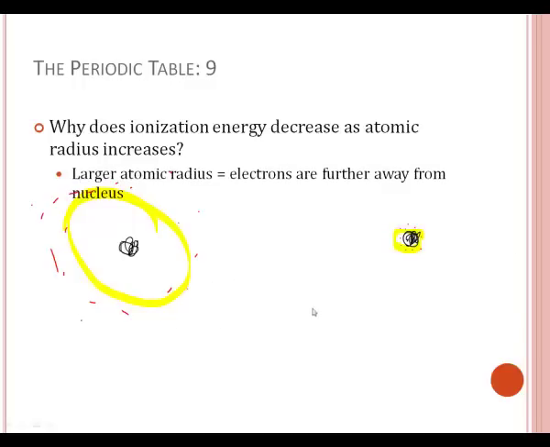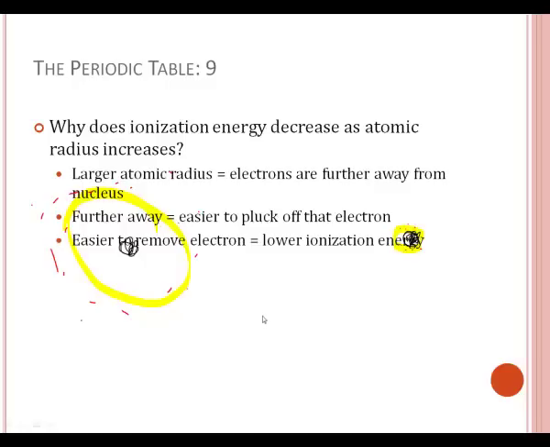So again, larger atomic radius means that the electrons are further away from the nucleus. Further away means it's easier to pluck off that electron. The easier it is to remove an electron, the lower the ionization energy.